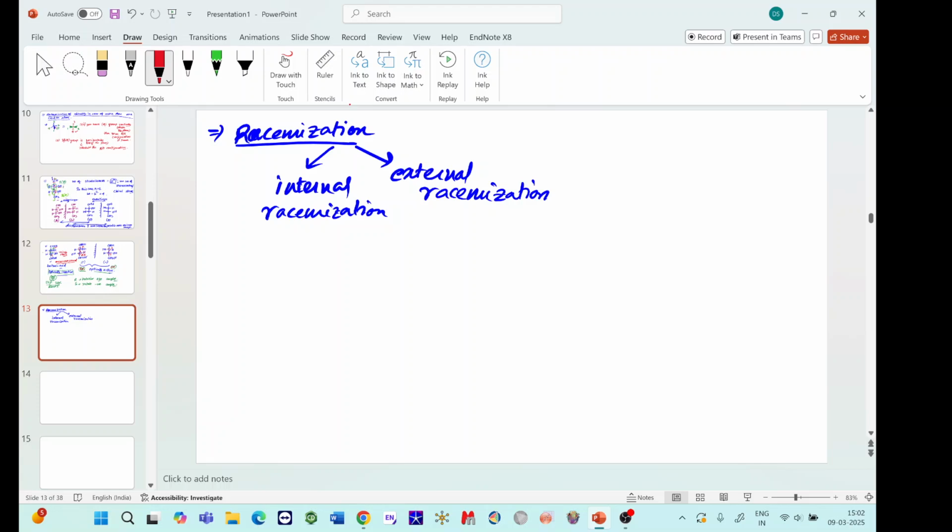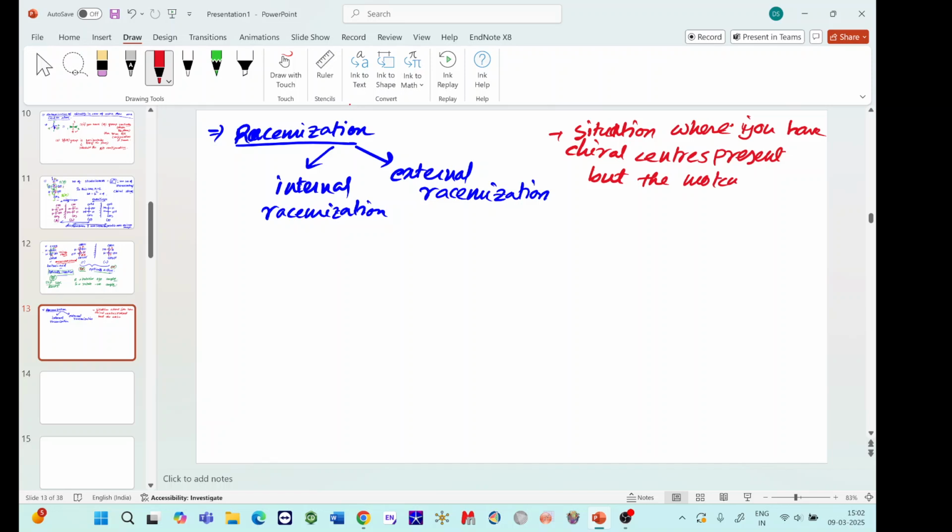This is the situation where you have chiral centers present, but the molecule or solution behaves achiral. Why? Because somehow your individual chiral contributions are getting cancelled.